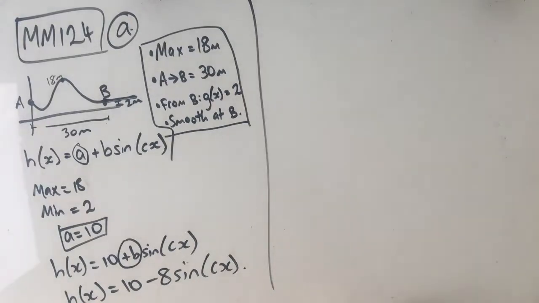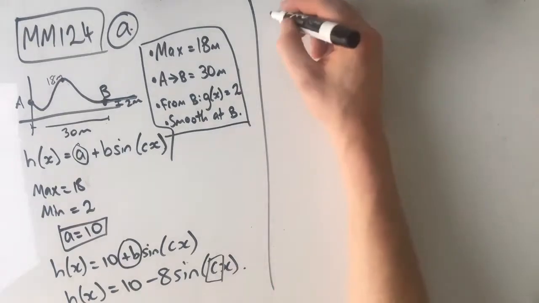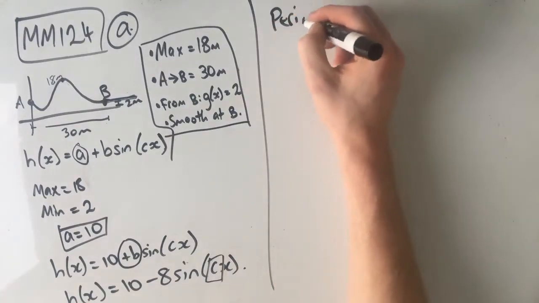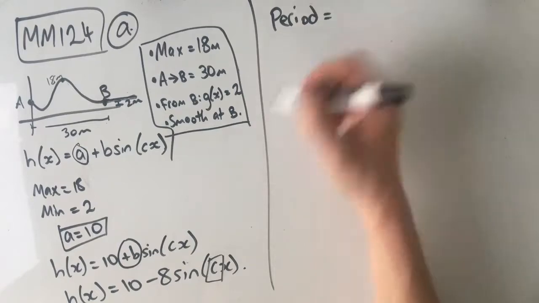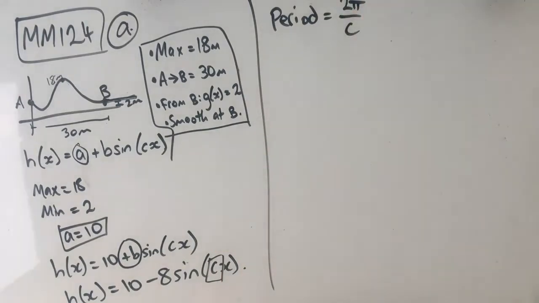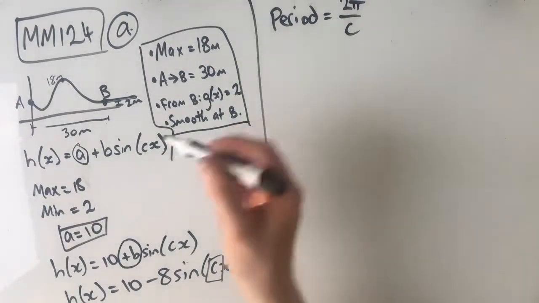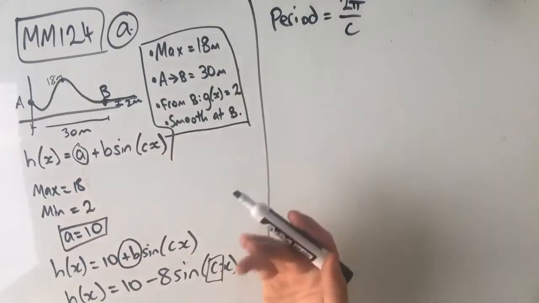So this is a really good start, but now we need to find our value of c. Our value of c defines our period. Remember, our period is equal to 2 pi over b, or in this case, c, because c is our coefficient, which means that we need to work that out using how far from A to B we are.